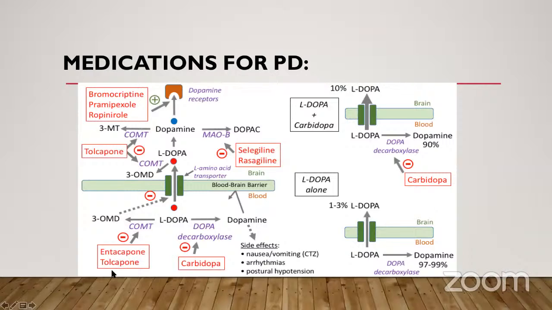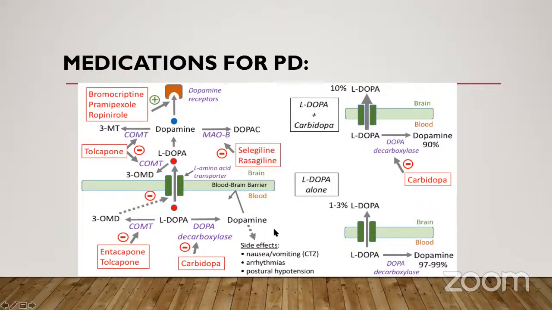We have 2 medications that can inhibit the COMT enzyme, catechol-O-methyltransferase, which are entacapone and tolcapone. The L-DOPA can also be degraded by DOPA decarboxylase to dopamine, and the medication that inhibits DOPA decarboxylase is carbidopa. If we have high dopamine, it can lead to side effects, which are nausea, vomiting, arrhythmias, and postural hypotension.